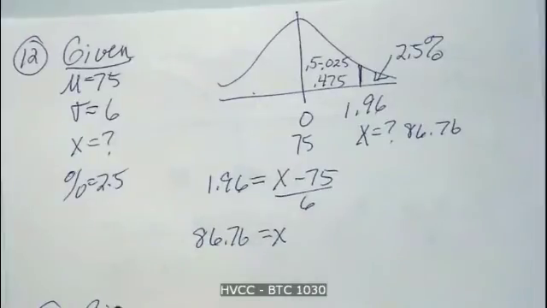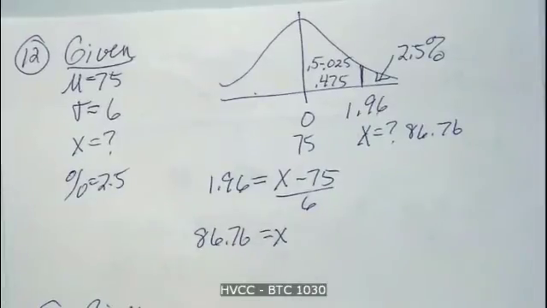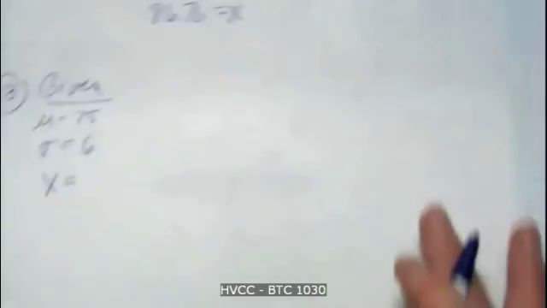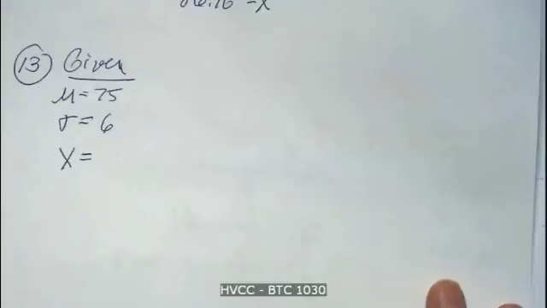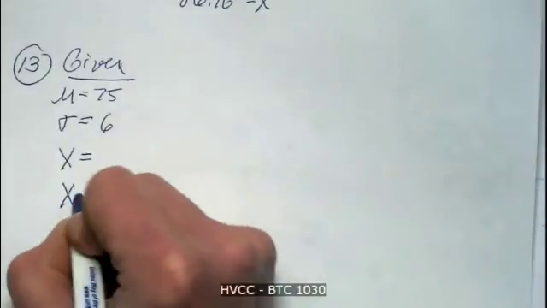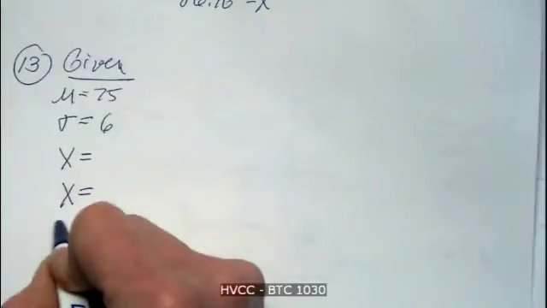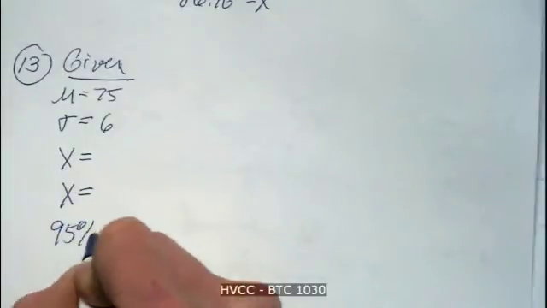Okay, you write your given. Mu is 75. Standard deviation is 6. When I say symmetrical limits, I'm asking for 2 x's. And I give you 95%.